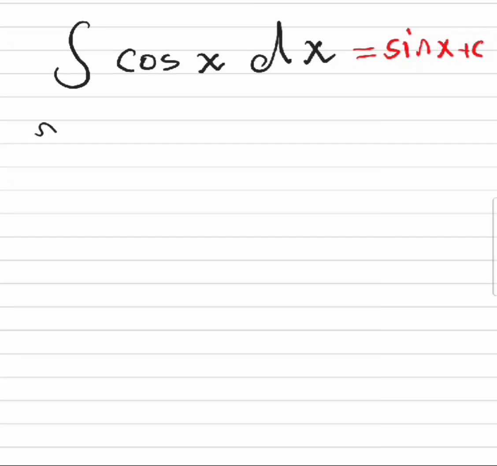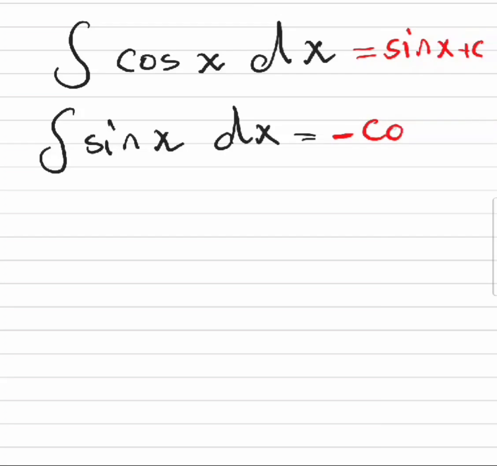Now what is the antiderivative of sine? The derivative of cosine is negative sine, so the derivative of negative cosine is positive sine, which means the antiderivative of positive sine is negative cosine.